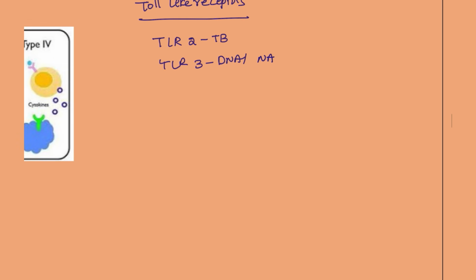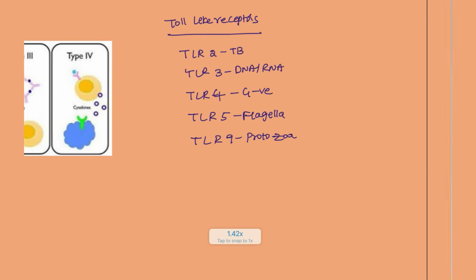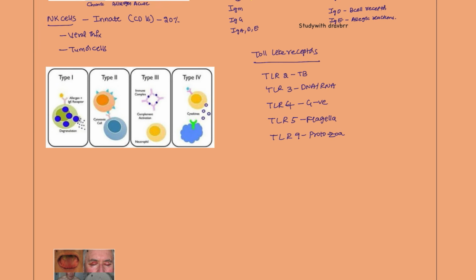Toll-like receptor 4 is for gram negative bacteria. Toll-like receptor 5 is for flagella. Toll-like receptor 9 is for protozoa. These points and examples of the toll-like receptors are important.